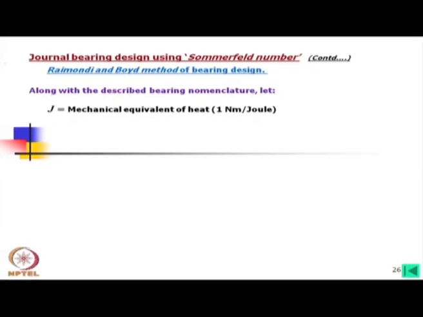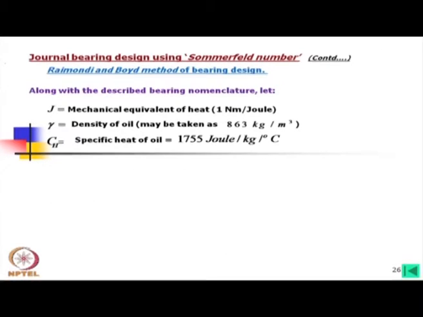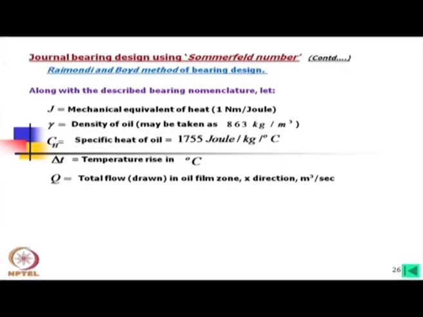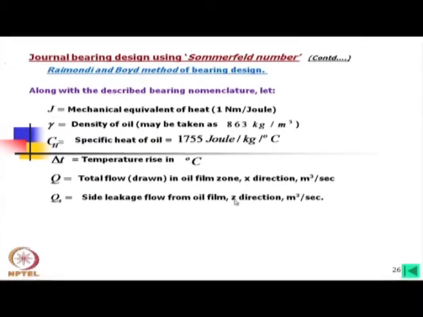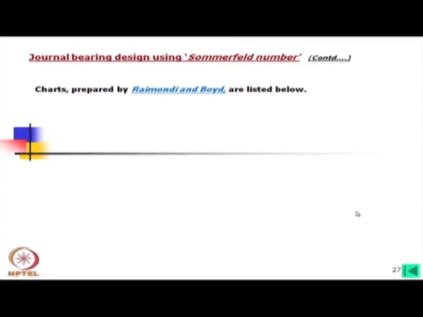J is the mechanical equivalent of heat, gamma is the density of oil, Ch is the specific heat of oil, delta T is the temperature rise in degree centigrade, Q is the total flow in the oil film zone in x directions, Qs is the side leakage from the oil film in z directions, that is in the axial directions.